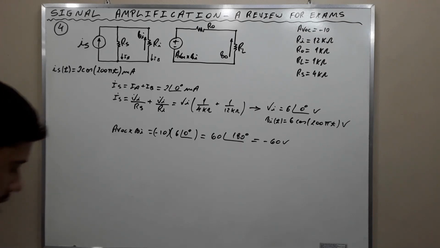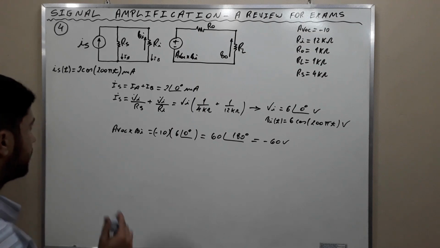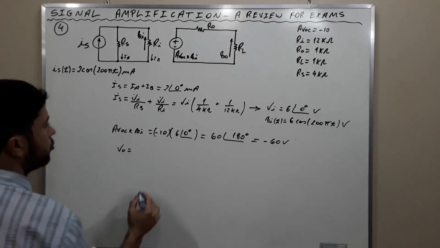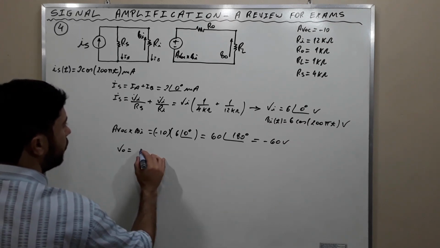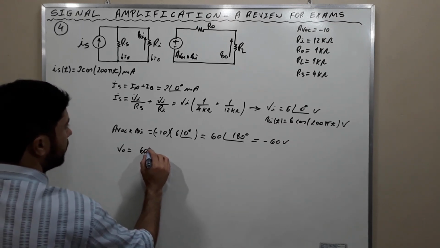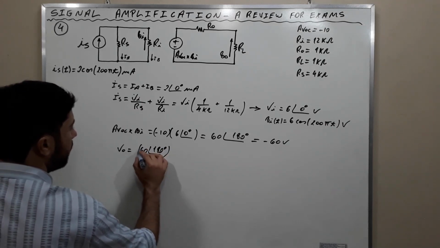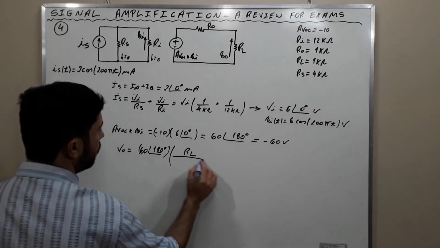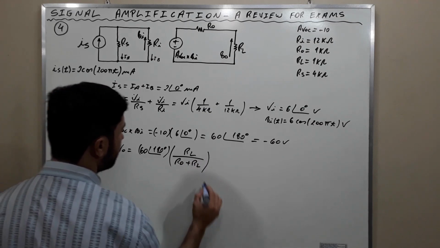Alright, we can now apply the voltage divider rule here, and we find that VO is equal to this voltage here, 60 phase 180 degrees, times RL over RO plus RL.